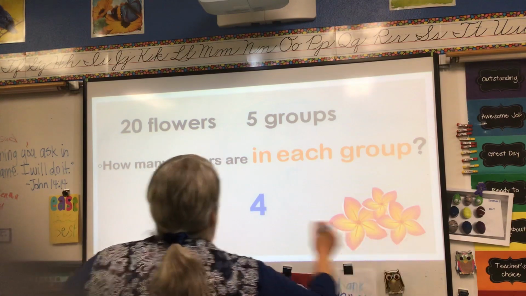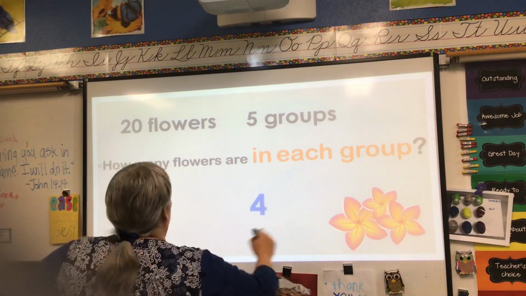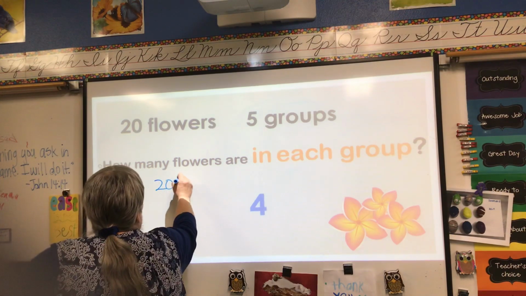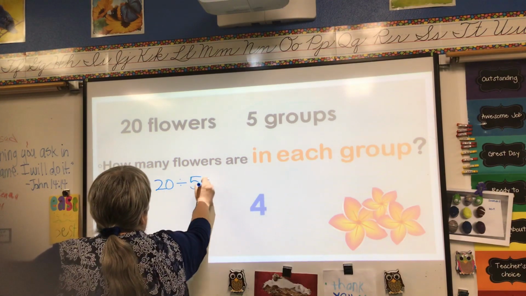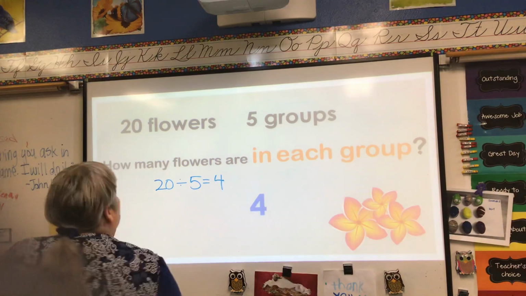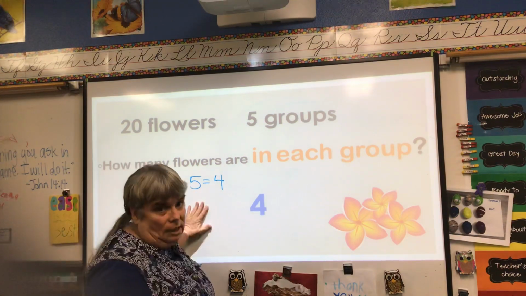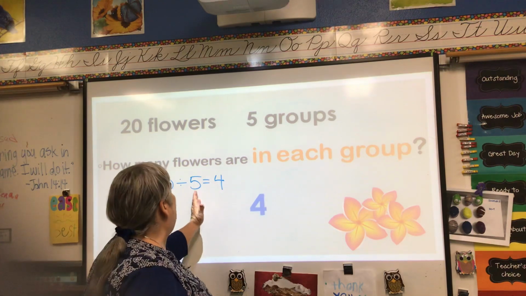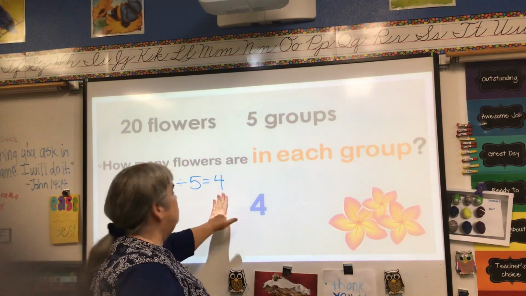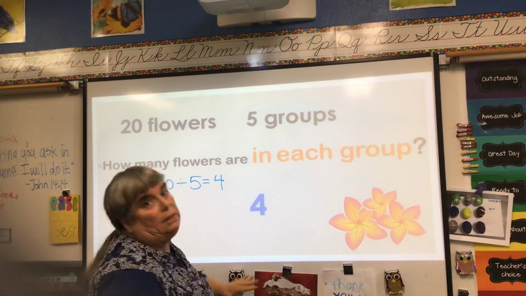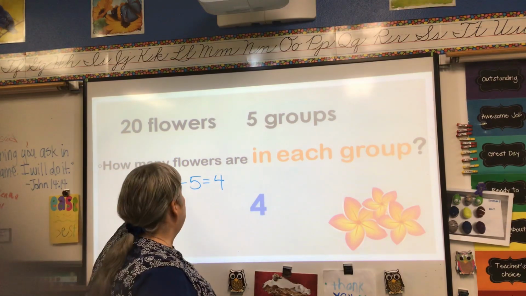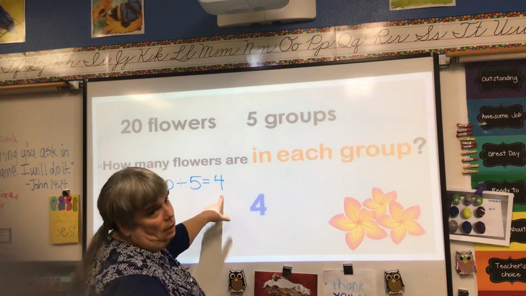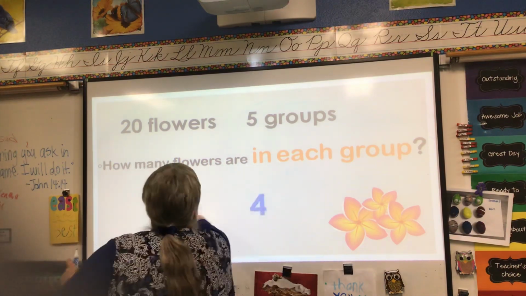The answer is 4, but what I expect to see on your paper somewhere is 20 divided by 5 equals 4. And remember, if you want to check that, the easy way of checking it is saying 4 times 5 is 20. So you're just checking your work by doing the opposite. Big number first, divide into groups next. How many in each group? Okay, cool.